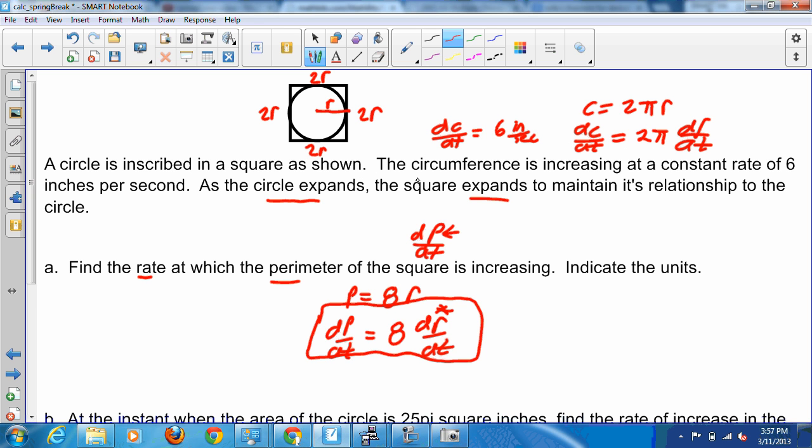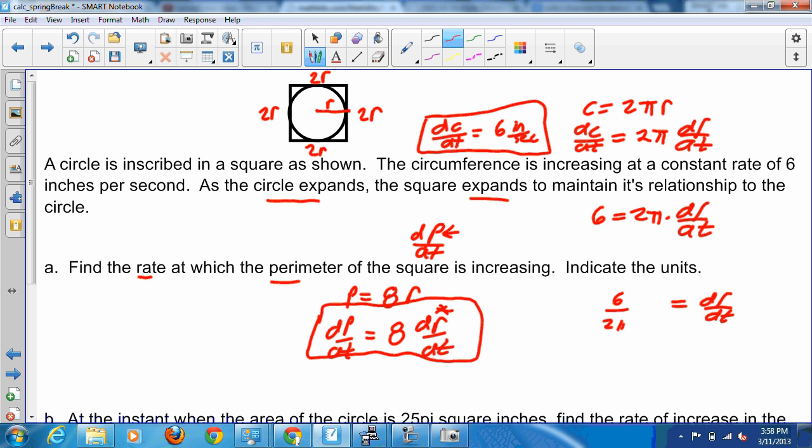They gave us that 6 inches per second is dC/dt, and we identified that right here, right? So we know that 6 is equal to 2 pi times dr/dt. So solving for dr/dt, it's equal to what? 6 divided by 2 pi, or 3 over pi.